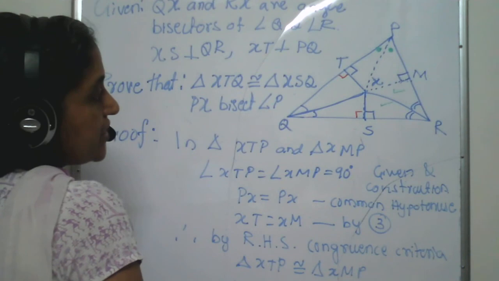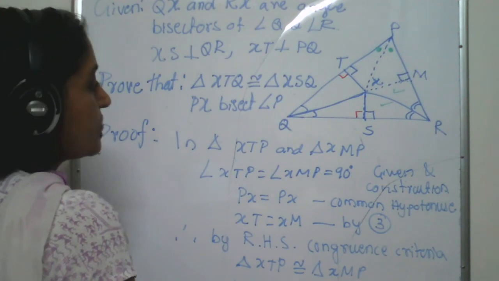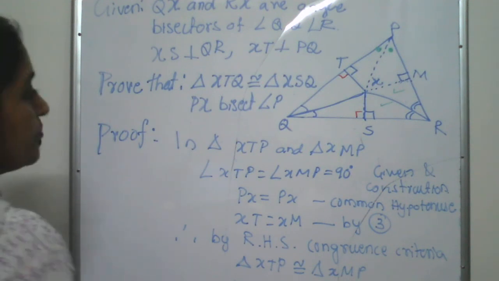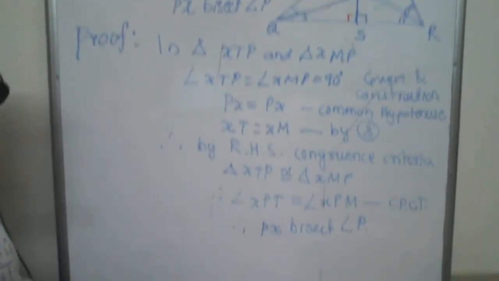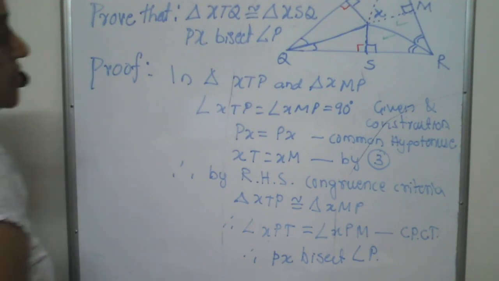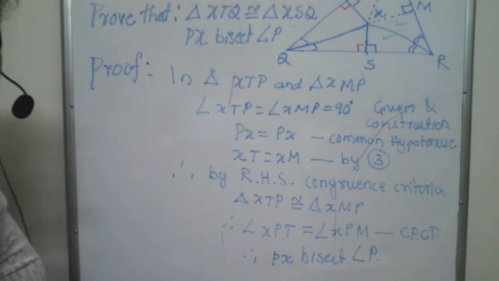So PX is dividing the angle P into two equal parts. That's what we say as bisecting the angle P. Hope you have understood it thoroughly. This is again a congruency criteria question which has an additional construction, and it should be understood and done.